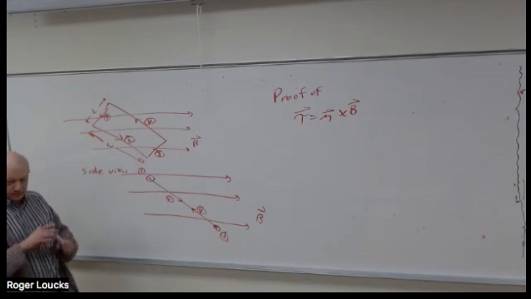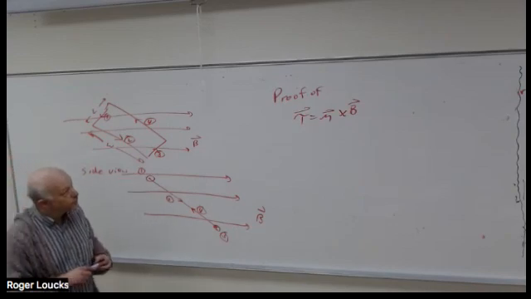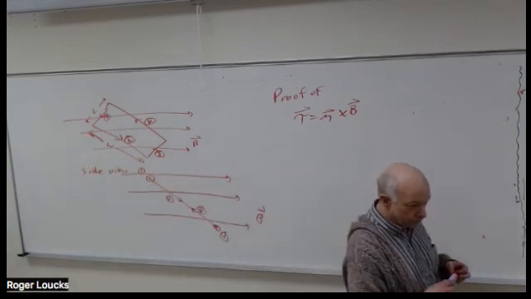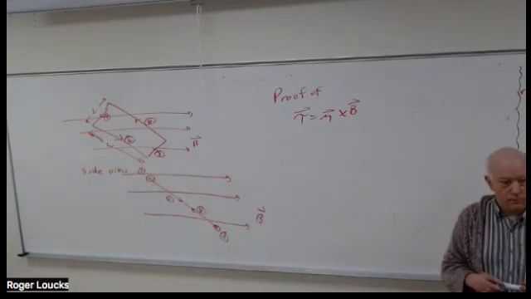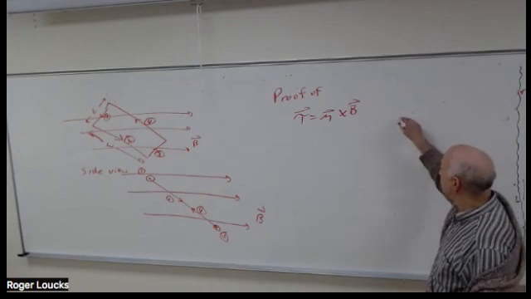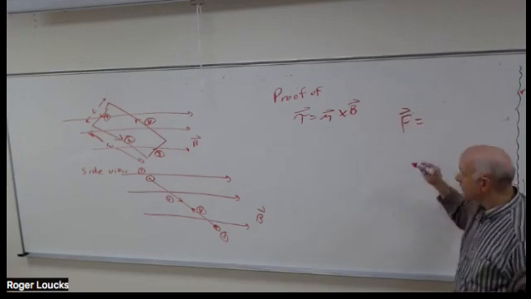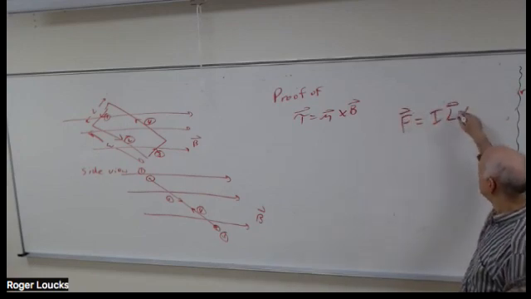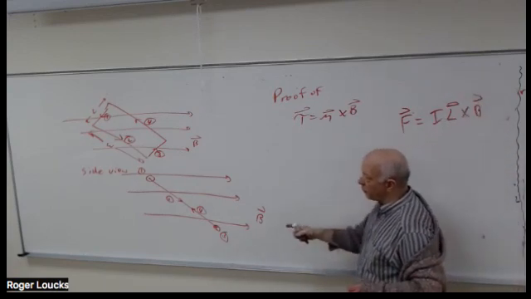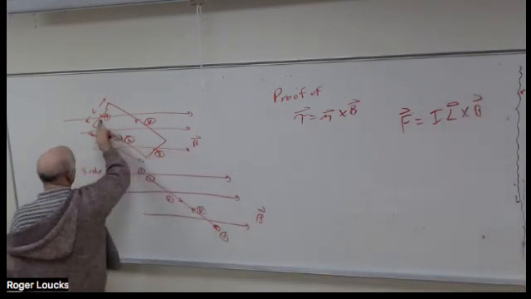So we have that. What's the force on side 1? What do we know about this? The force is equal to I L cross B. So what is going to be the force on this guy right over here?